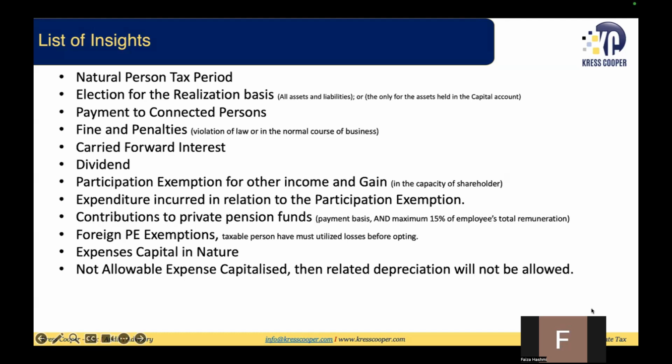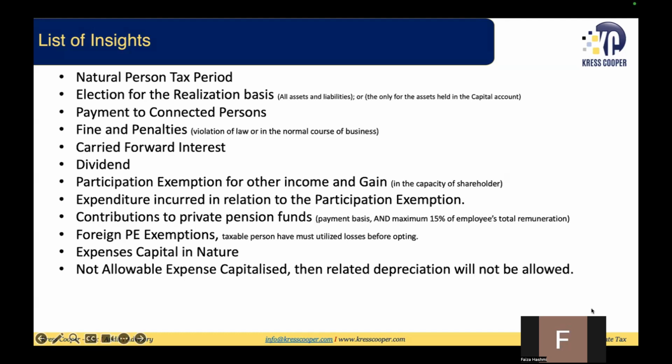Dividend, as Faiza said: dividend from a local juridical person is exempt; from a non-juridical person or a foreign juridical person, it is exempt subject to the participation exemption conditions. Other than this, participation exemption revenue. So dividend is tricky. If you are getting a dividend from a local juridical person, this is exempt without any condition.